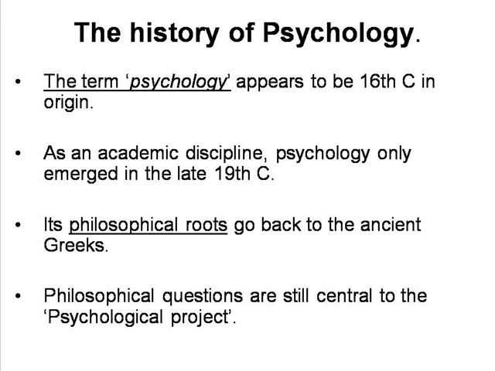Although not labeled psychology, psychological interests and questions in the Western intellectual tradition date back to the ancient Greeks, however, and if we are to understand the emergence of modern psychology, we have to start by examining the pre-scientific philosophical psychology which began as part of Greek philosophy. Although today most psychologists probably think of their discipline as a science, these philosophical roots are still relevant and easily discerned in modern academic discourse.